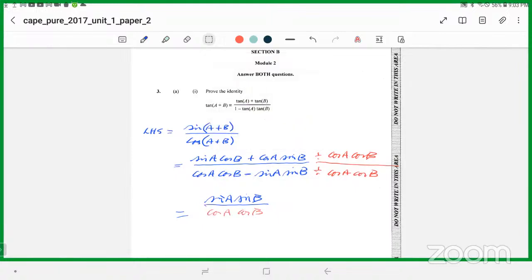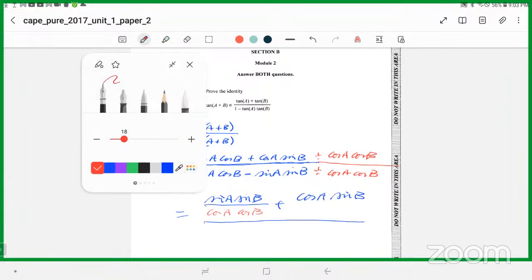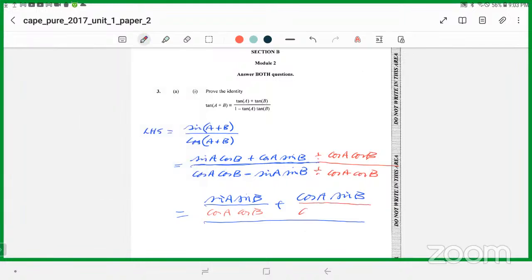Putting back this whole thing, that's this line right there. And I'm dividing this now by the same thing, cos A cos B. So I have cos A sine B, and I'm putting that on top of cos A cos B. Let's put this line in blue.